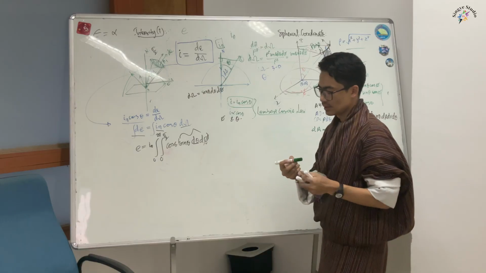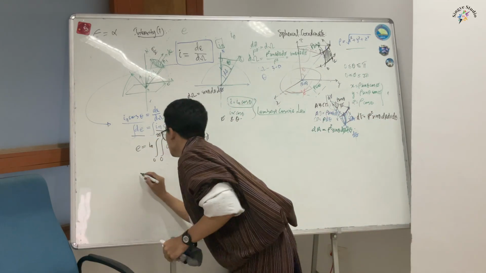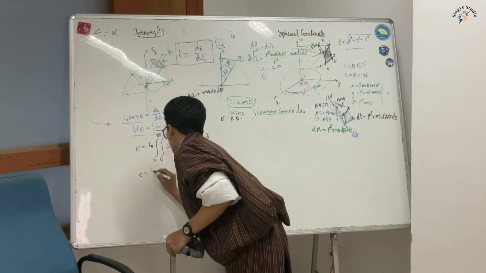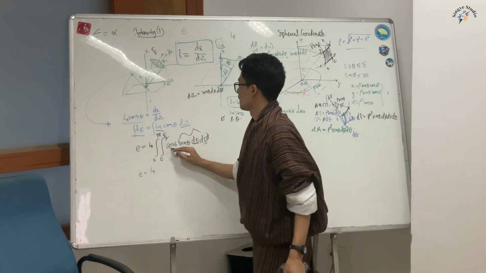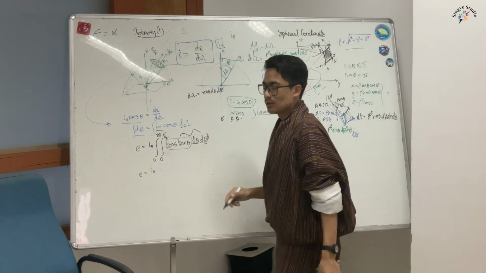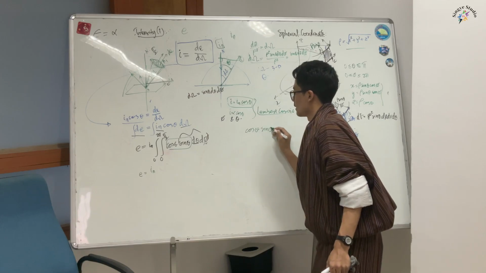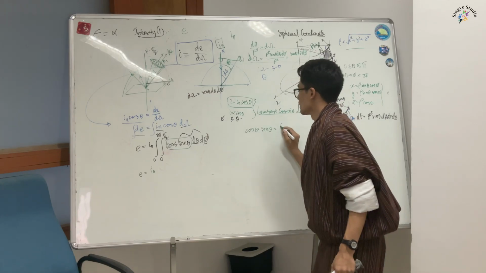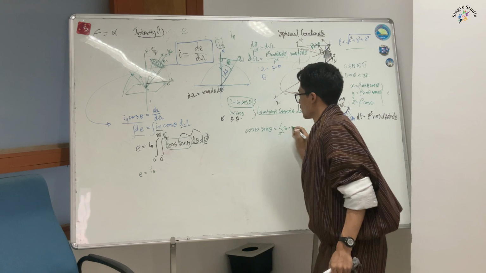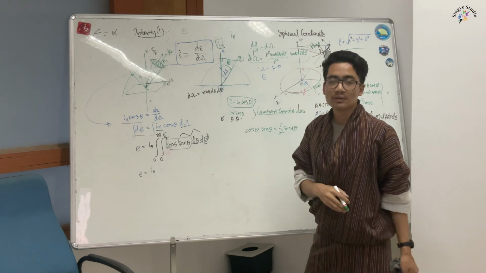When you do this, now I get E equals In. There's something common here. How can you write cosine theta, sin theta? We can write this as half of sin 2 theta, right?